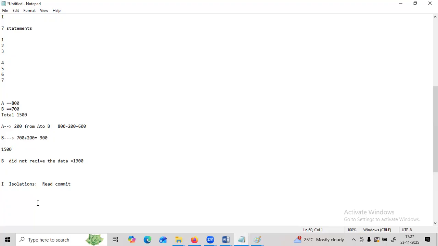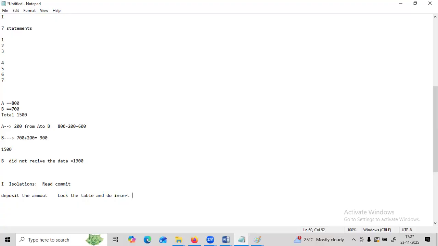If you convert it to real time, say we have a bank account. In that bank account, we are going to deposit some amount. So while doing the deposit, what will it do? It will lock the table and do the insert. Okay.